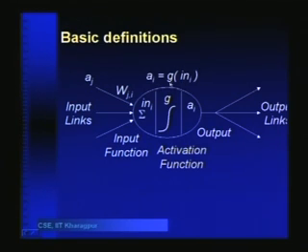That defines the activation AI of neuron I. This activation value is then propagated through the output links to other neurons.